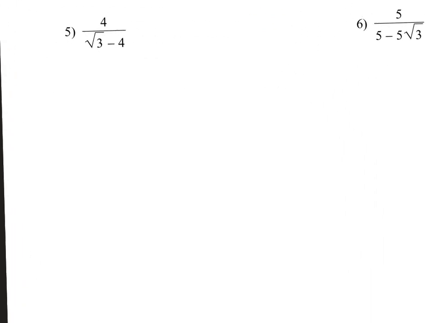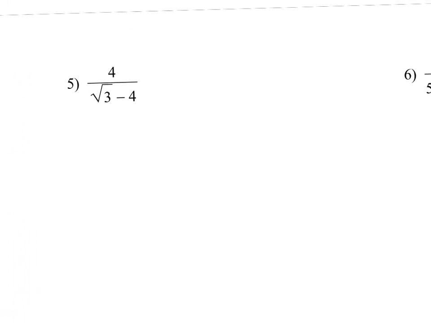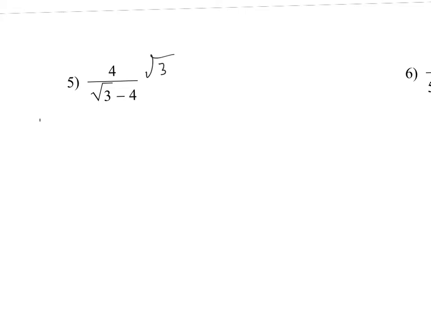Okay, number 5. Well, looking at this, thinking about it, we're not allowed to divide by a radical, right? So let's go ahead and get that out of here. So we're going to multiply the top and the bottom by radical 3 plus 4, radical 3 plus 4.